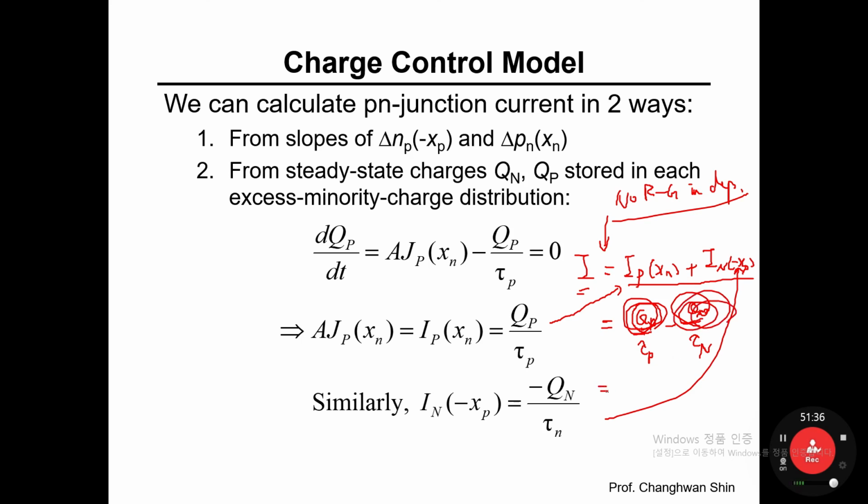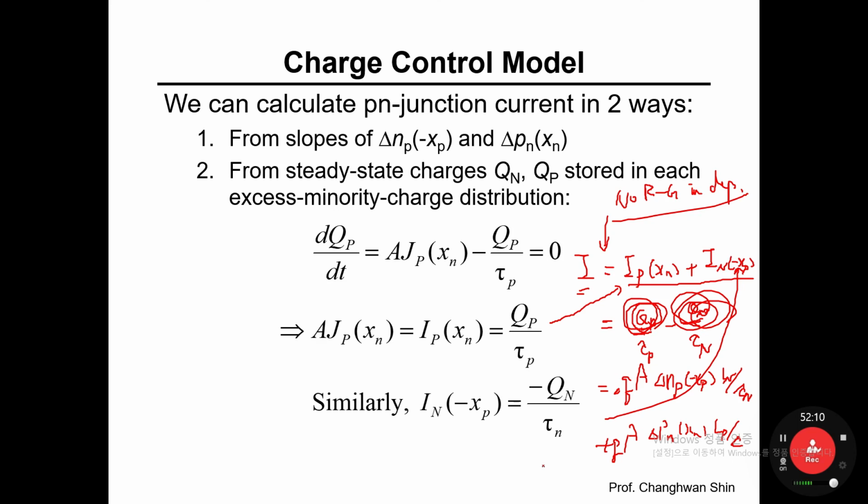Then you're going to get this equation: Q A delta Np at minus xp, Ln over tau n, plus Q A delta Pn at xn, Lp over tau p. Oops, I guess I have missed the minus sign here.